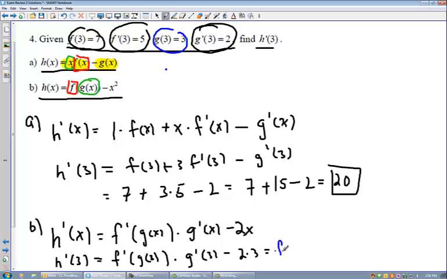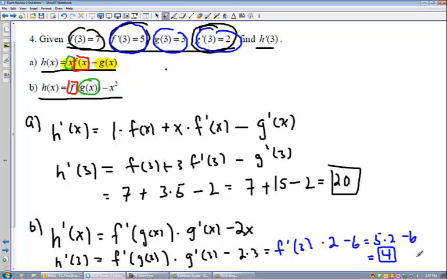So that's equal to f prime of 3 times g prime of 3, which is the number 2. So times 2 minus 6, and f prime of 3 is 5. And so this is 5 times 2 minus 6, which equals the nice number of 4. And so that's my answer for part B.